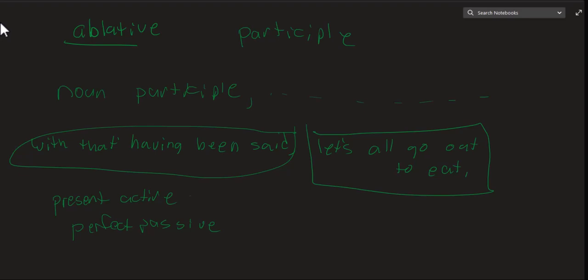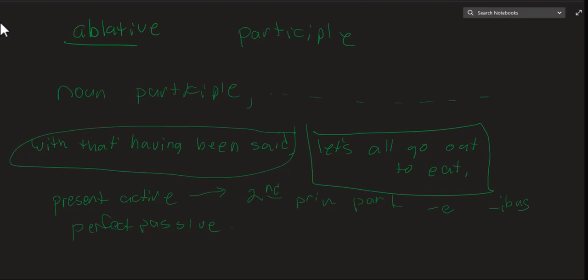You'll recognize the present active because it comes from the second principal part, and the participles are going to be in the ablative case, and present active participles are like third declension. So if it's singular, it's going to end in E, and if it's plural, it'll end in ibus. So that would be the participle.